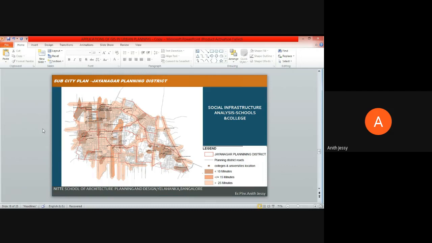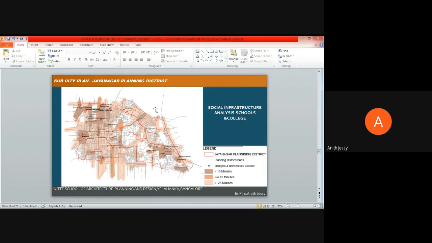This is a map which shows the schools and colleges locations. There are areas which are left untouched, either in the left corner or in this area. All these are areas which are less serviceable.